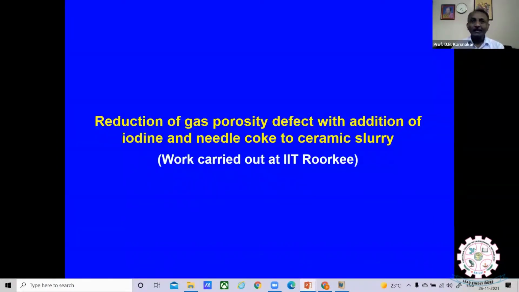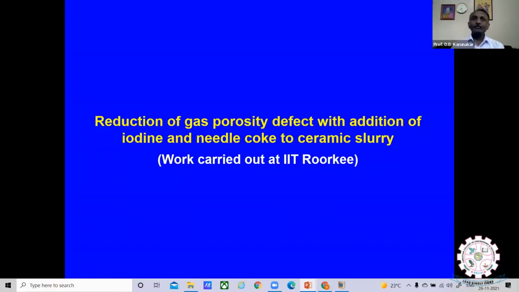Both have added to the secondary slurry. What about the primary slurry? No modification could be done. The primary slurry portion of the ceramic shell was equally impermeable as it was before.